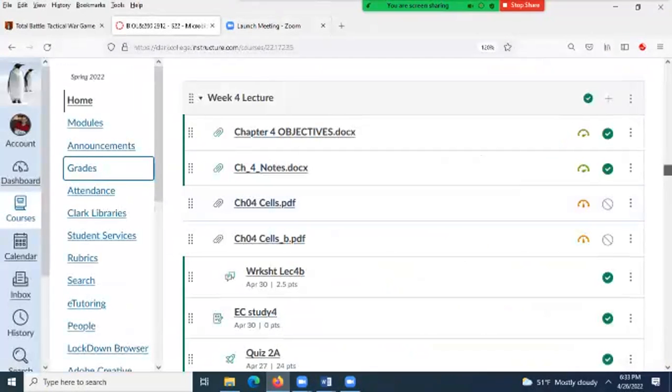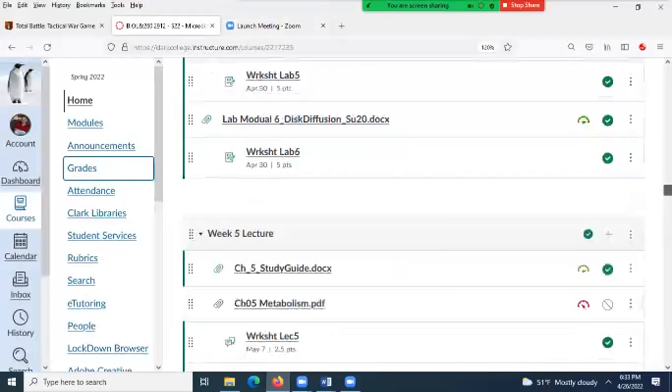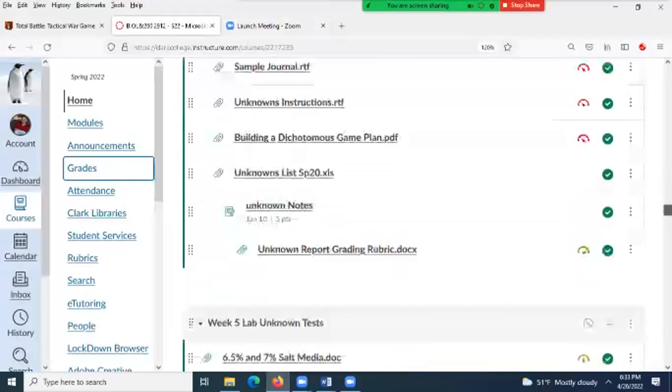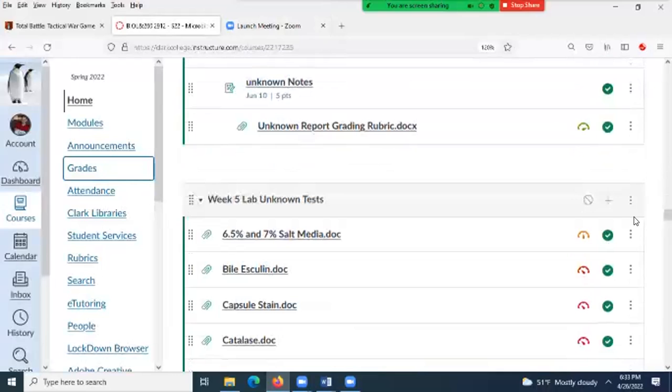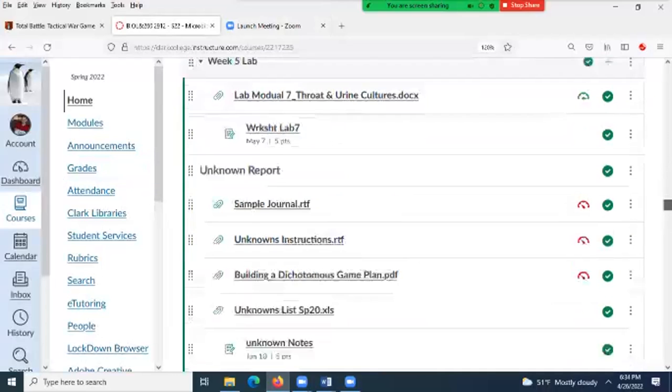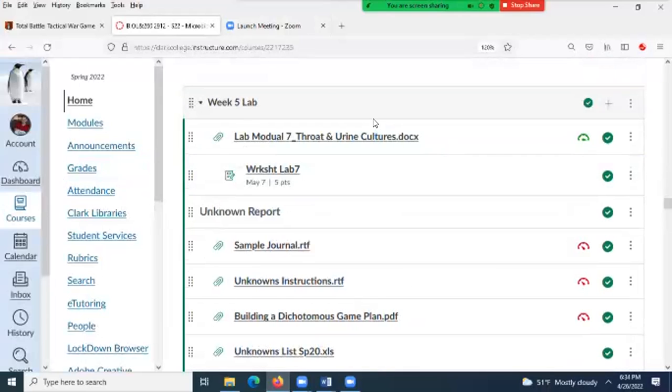I think it's week 5 of the lab. Let me turn week 5 on. But this part you can read. For the week 5 lab, you need to read the unknown instructions, this file here, and I'll be talking about it next week.